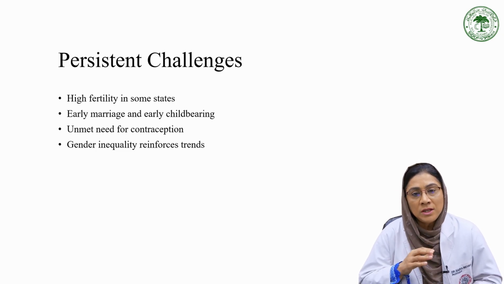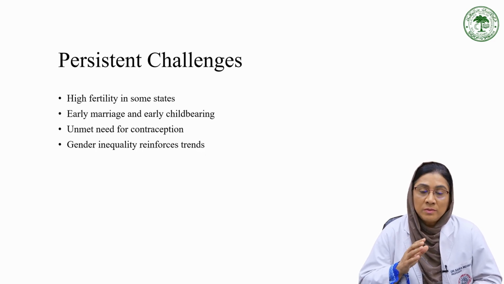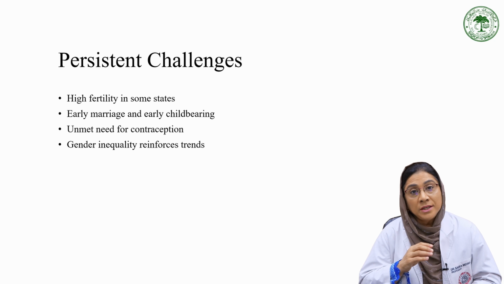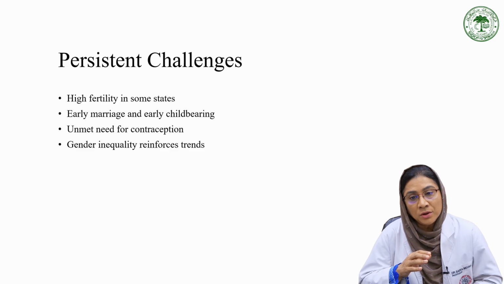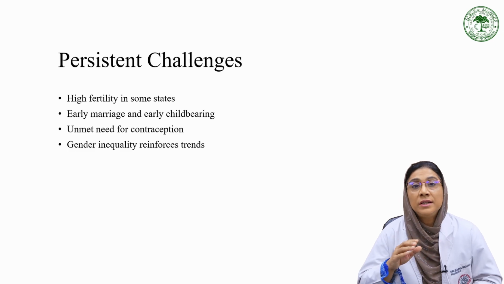The unmet need for contraception, especially among young and rural women, remains high. Gender inequality continues to reinforce these patterns. A woman often lacks autonomy in reproductive decisions. Addressing these challenges requires targeted interventions.